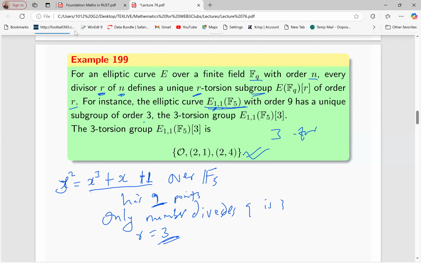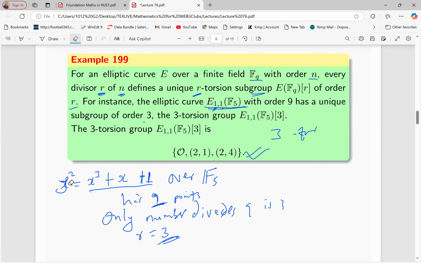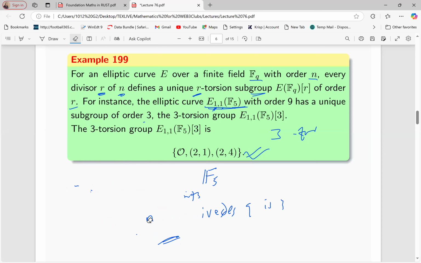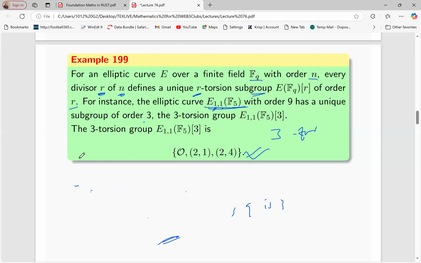I'll use Rust code to show you how I found those elements. Let me repeat what it means. Our R is 3. So how do you find these elements? We write our code, and our code is supposed to go through all the elements here.